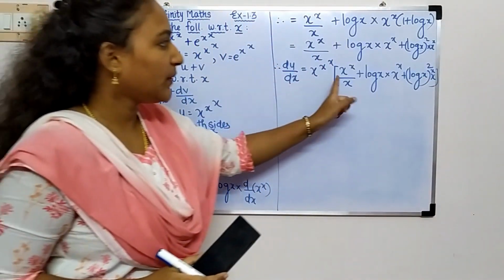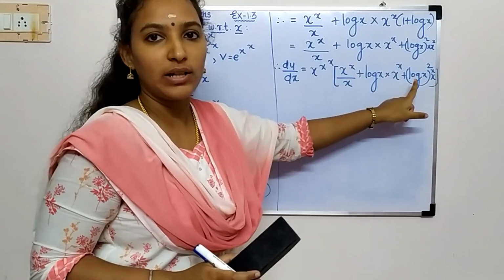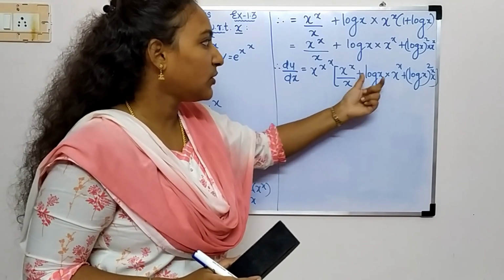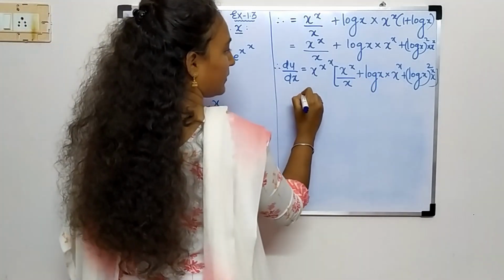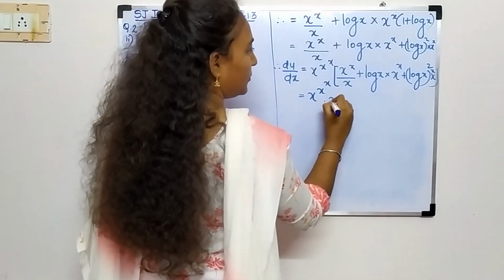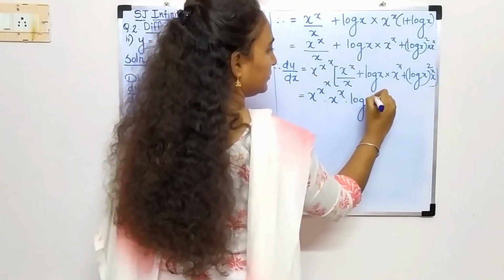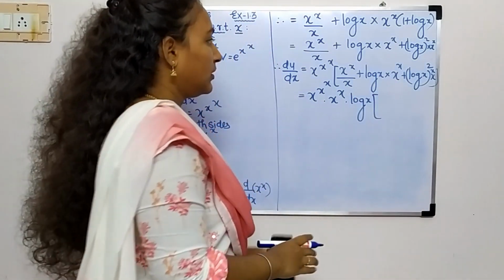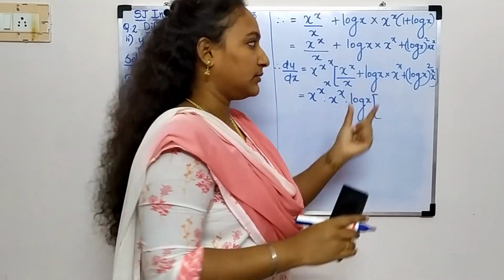So now we can take x power x common from all the terms. Also we take log x common. So this is equal to x raised to x into x power x into log x. See, when you take log x common, it will become 1.